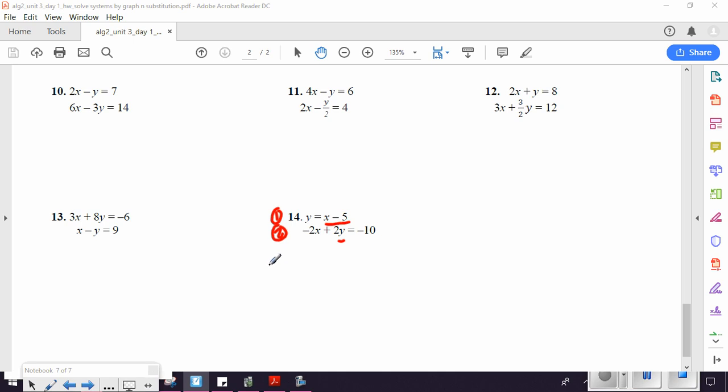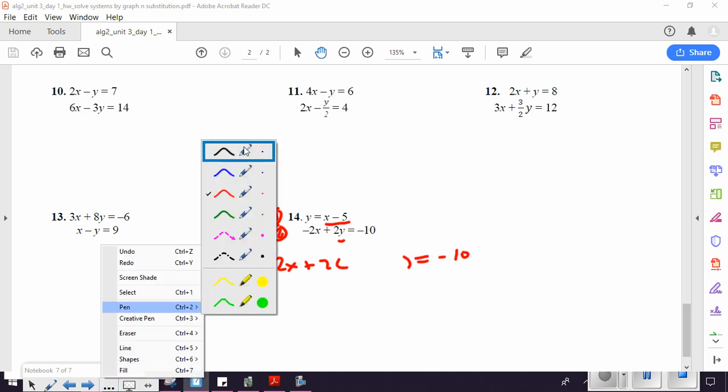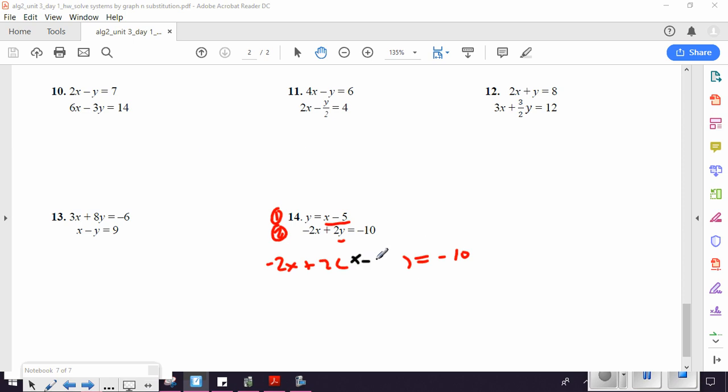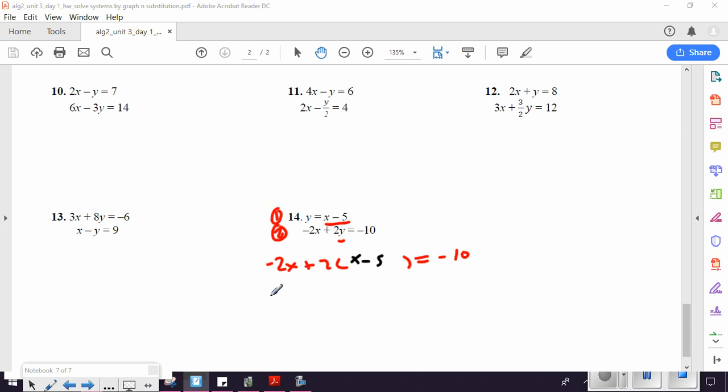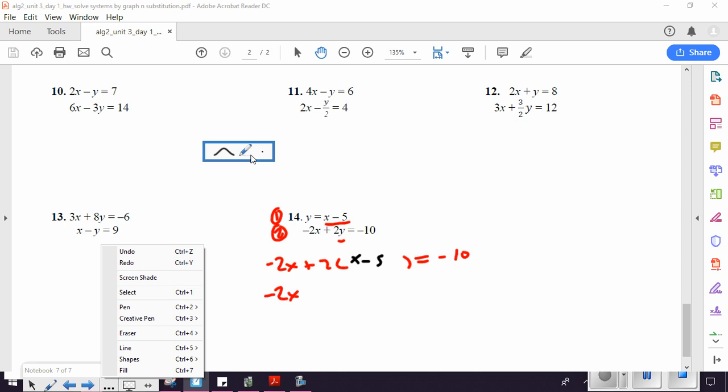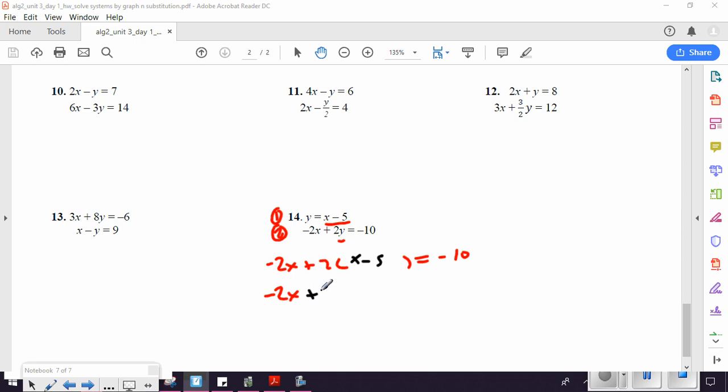So let's rewrite equation 2. Open up our parentheses to get ready to replace our y with x minus 5. And now we distribute. So 2 times x is 2x. 2 times negative 5 is a negative 10.